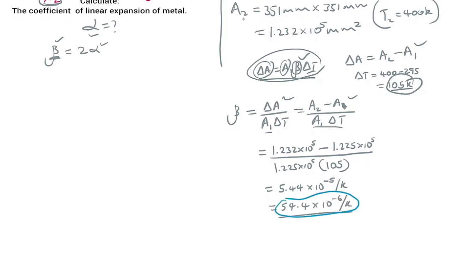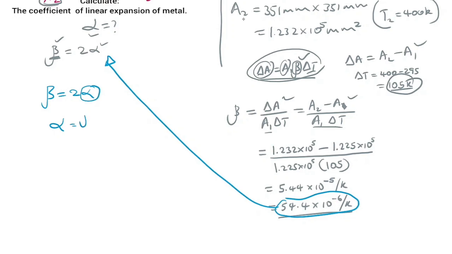Because we have found it now, we take it back to this formula. The coefficient of area expansion is equal to 2 times the coefficient of linear expansion. Let us make this the subject of the formula. The coefficient of linear expansion is equal to the coefficient of area expansion divided by 2.